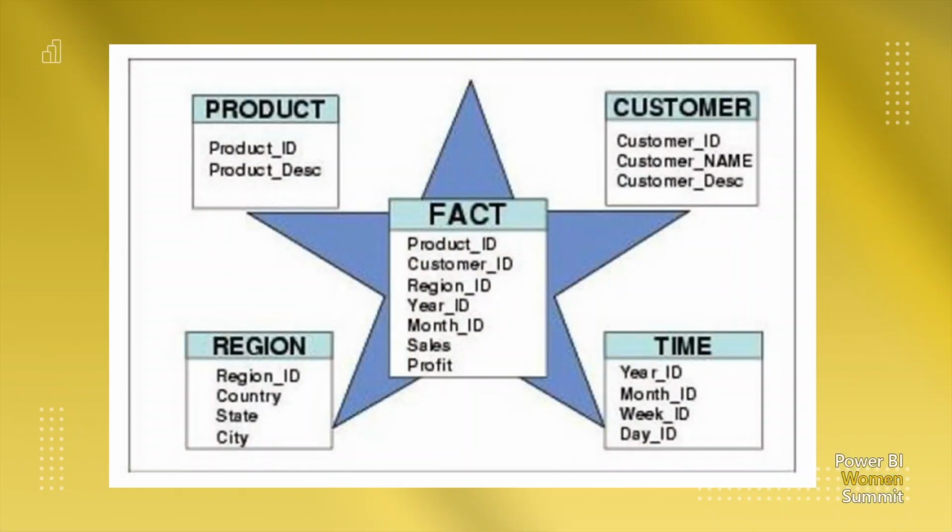Now, before you go out and buy the book and read the whole thing, because it's very chunky, which, let's face it, no one really has time to do, let me give you a few basics. So a star schema looks like a star, like the one that we see here. The fact table is in the middle, and the fact table needs to represent a process or something in your business that has happened, okay?